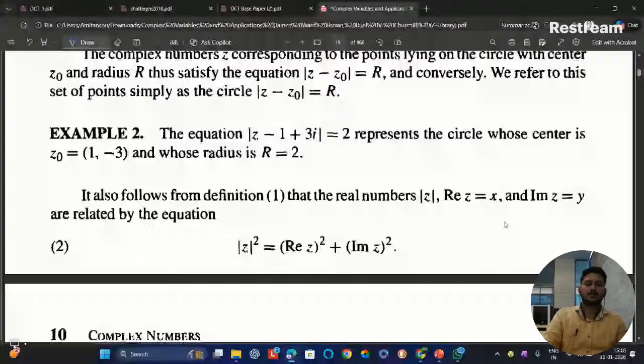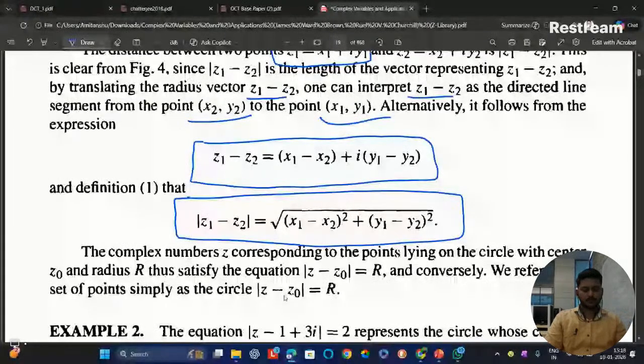Okay, here I take the modulus and square these two. This is the basic representation for this problem, and now the number corresponds to the circle, and Z0 satisfies Z1 minus Z2 equal to R. So convert to the circle, which is equal to the standard equation for the circle.